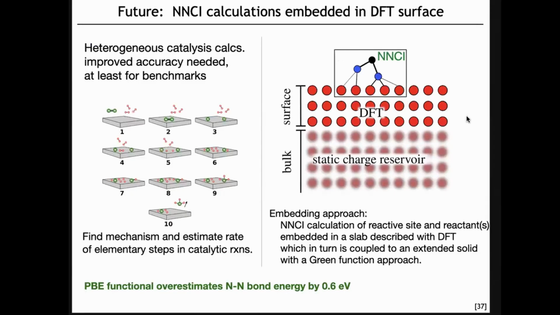What we would like to do is very high-level calculations of molecules, let's say, reacting or adsorbing on surfaces with an embedding method, doing neural network CI for the critical region, embedding that in DFT, and also not using a slab, but rather a reservoir. That means that we are doing a semi-infinite solid rather than a slab. That's the key. That's what we want to do, and we're working on this on different fronts.